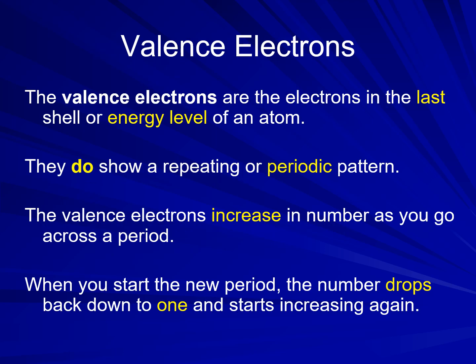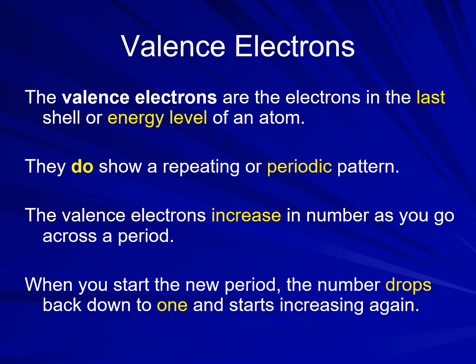Your valence electrons are the ones located on the very last energy level, or the circle the farthest away from the nucleus. There is a repeating, or what we refer to as a periodic pattern, that we can use the periodic table for in regards to valence electrons.